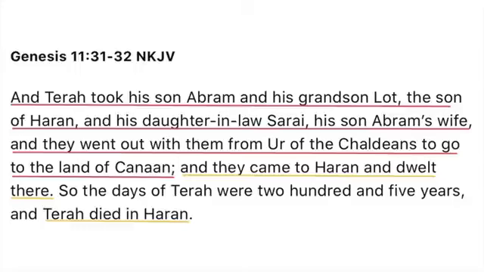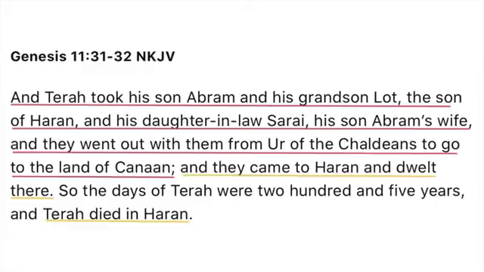And this is interesting because we know that Abraham comes from Ur of the Chaldees. Genesis chapter 11, verses 31 through 32. And Terah took his son Abram and his grandson Lot, the son of Haran, and his daughter-in-law Sarah, his son Abram's wife, and they went out with them from Ur of the Chaldeans to go to the land of Canaan.